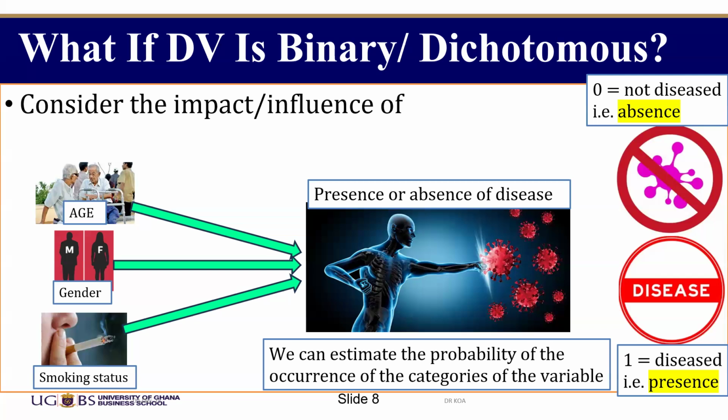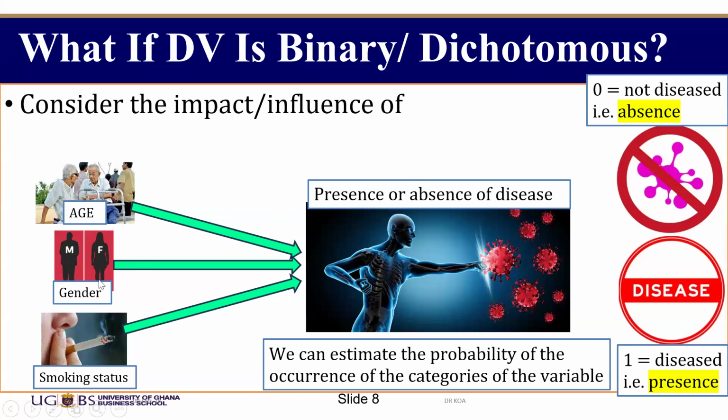Now, in this case, it's no longer linear. It's not one item; it's either one or the other. For example, you would say that the older you get, the greater the likelihood of the presence of the disease. Let's say the disease is high blood pressure.